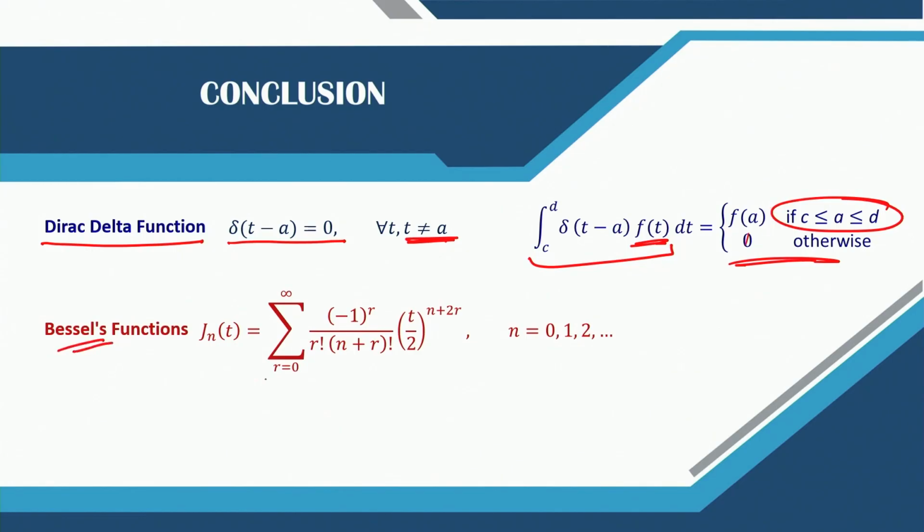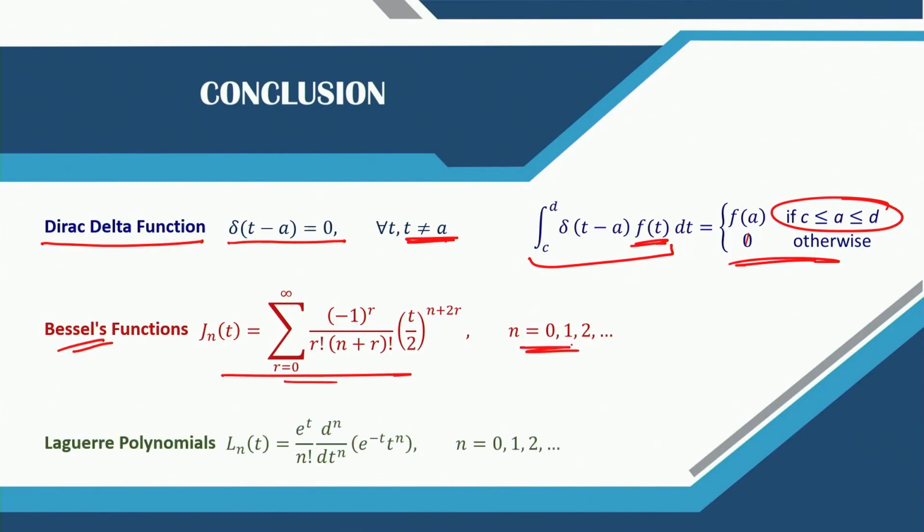The Bessel's function we have discussed, and we have computed its Laplace transform for the case when j is 0 and 1. We have also discussed the Laguerre polynomial L_n(t), and here also we have computed its Laplace transform for the general case.